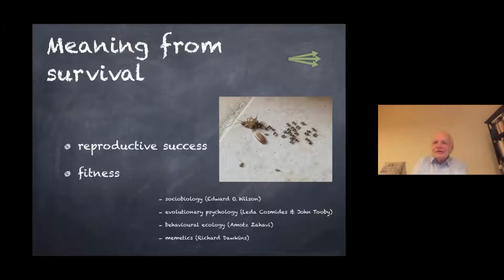So, another program approach, we could call it meaning from survival. In the attempts to explicate and formalize and further quantify the concept of function, it was concluded that the most general function of organisms is to reproduce, just in order to survive.